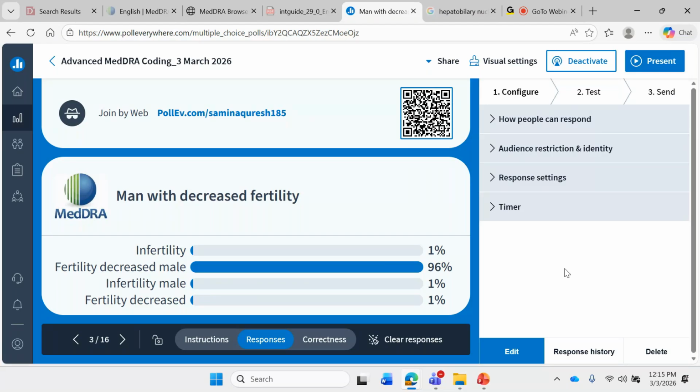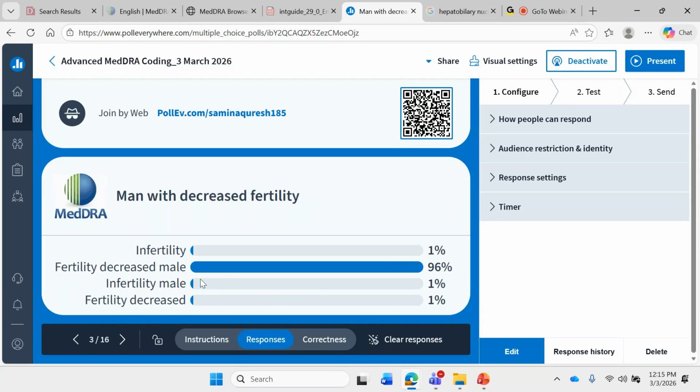Okay, that's more absolute. And male infertility is incorrect, so that's wrong. The fertility decreased 1%, you're right, but why not include the very important information that it's the male. So fertility decreased male is the most accurate, complete answer. Excellent job, 95% of you.